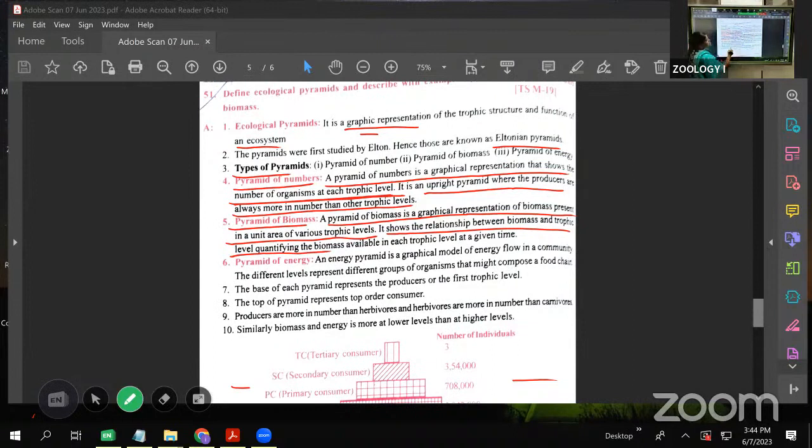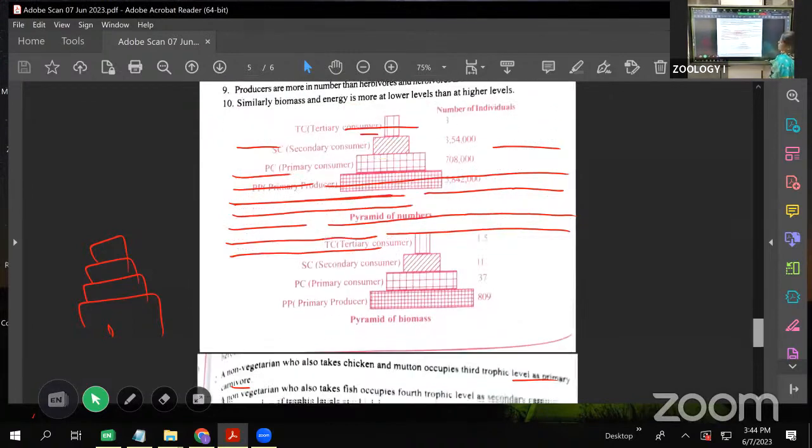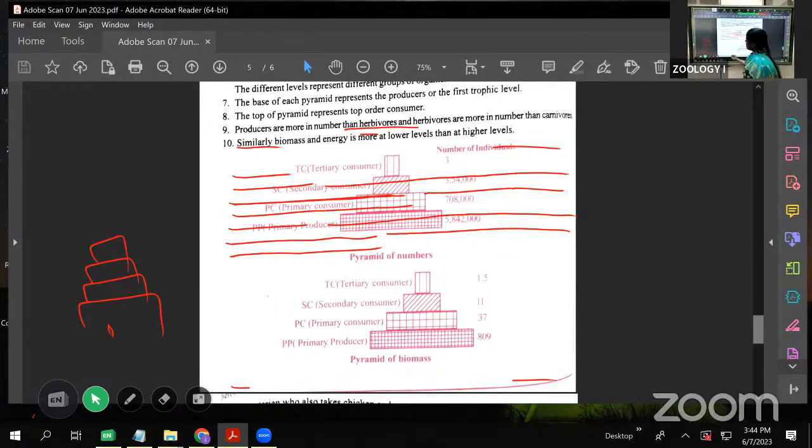Here it is also the same, an upright pyramid. More biomass is present at the bottom, and comparatively less in the upper levels. I will show the number and the biomass.